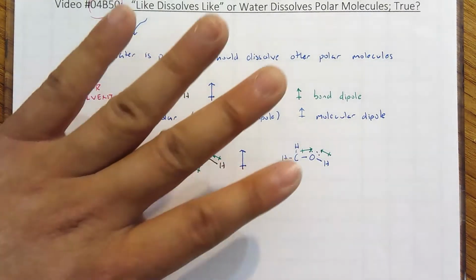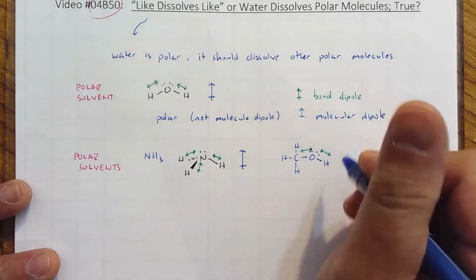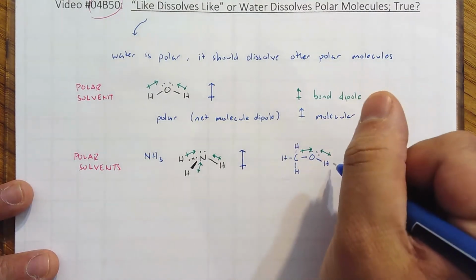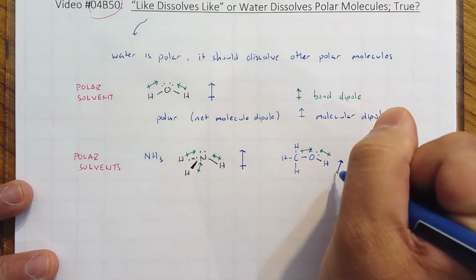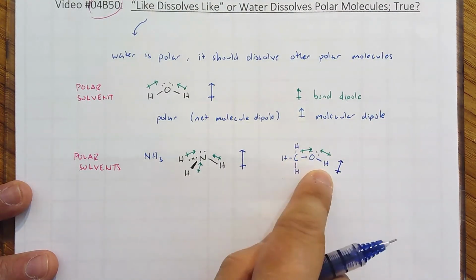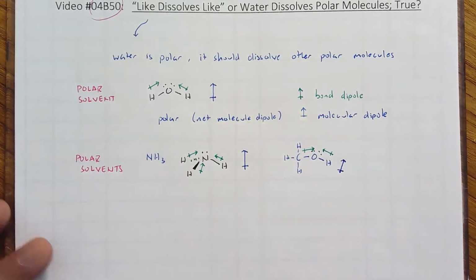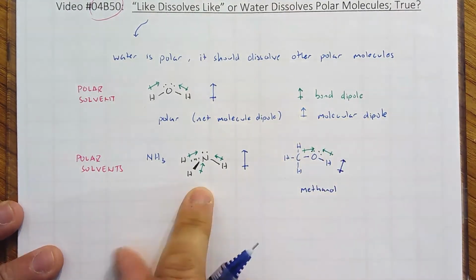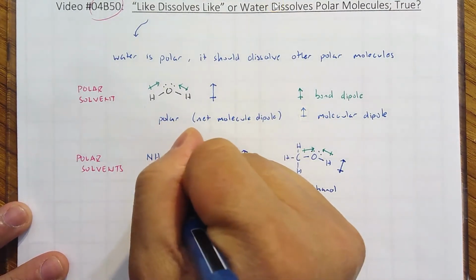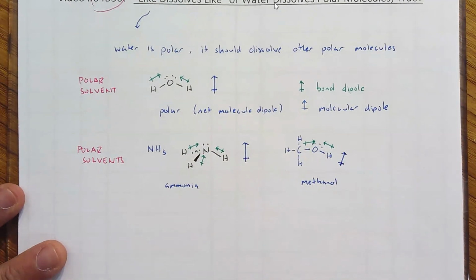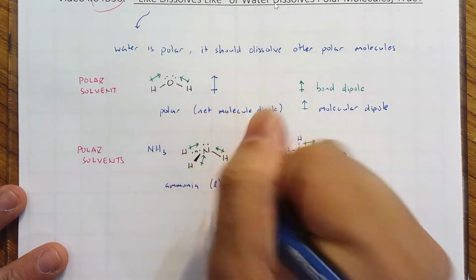So there is a net molecular dipole, and because I have this tilted, it's going slanted up in the direction of the oxygen relative to the two atoms next to it. Ammonia is typically a gas, but you could also make it a liquid with a little bit of pressure. So liquid ammonia is a good solvent.